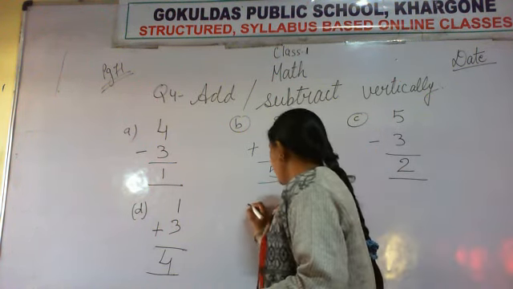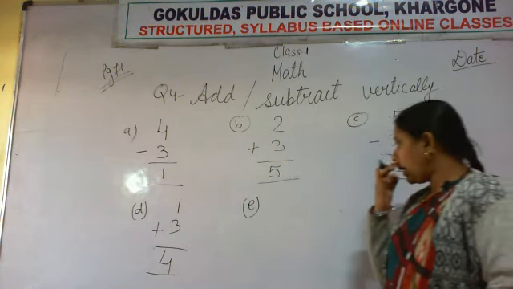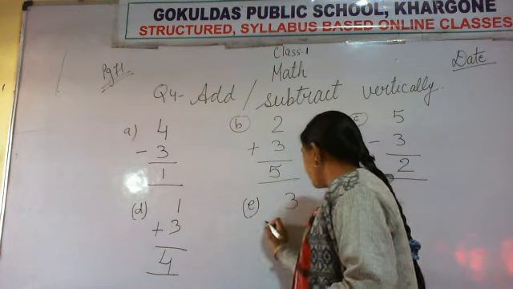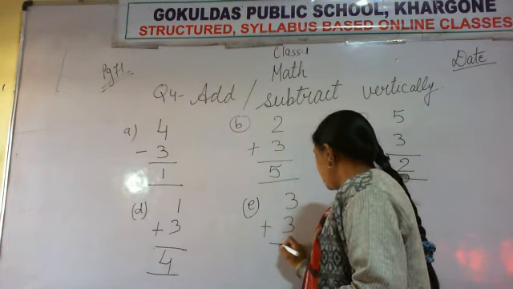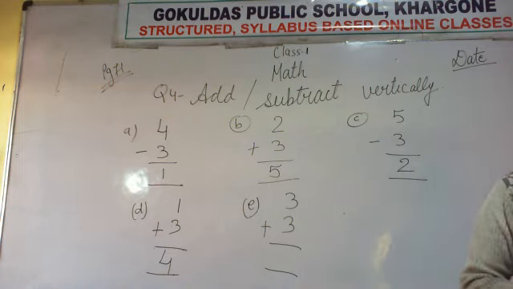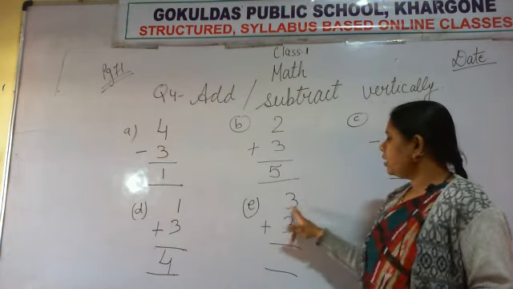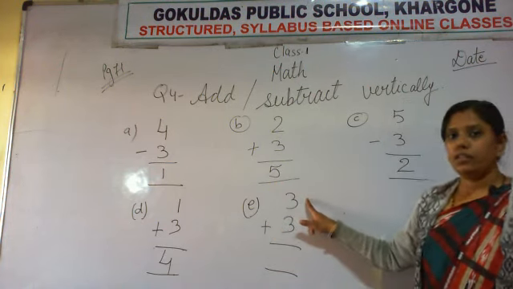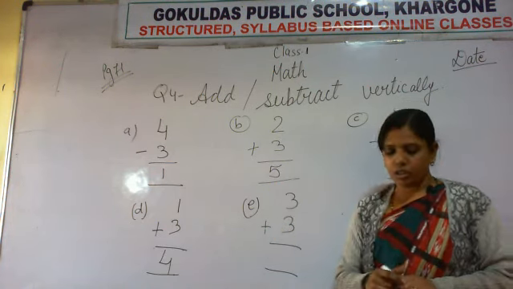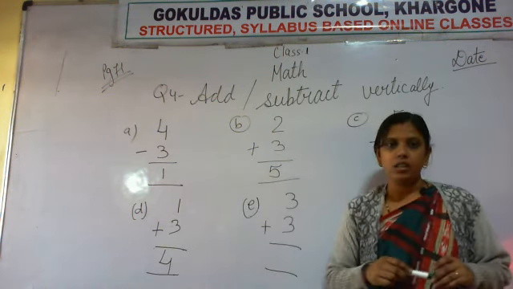Now the last is E. The question given is 3 plus 3. This is again an addition question, and we read the addition sign as plus. Now read the question. 3 plus 3. So take out 3 fingers.